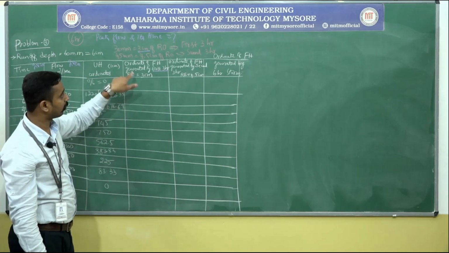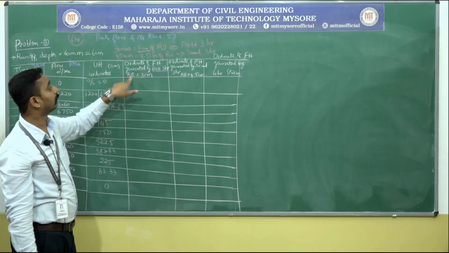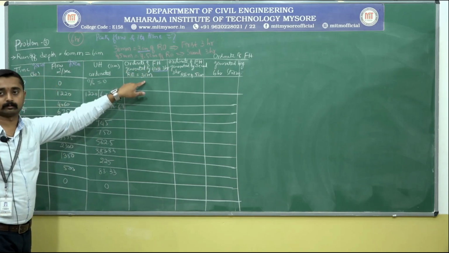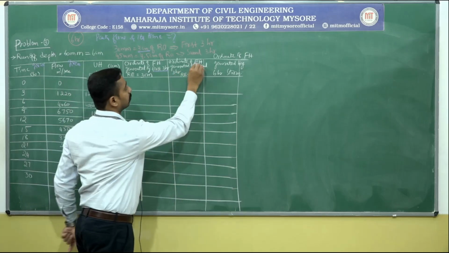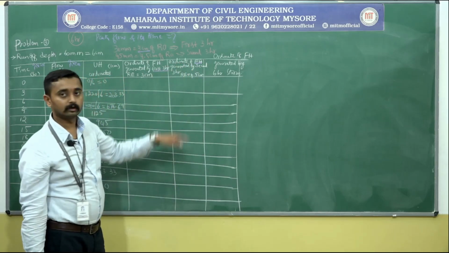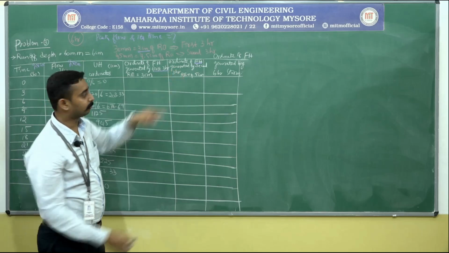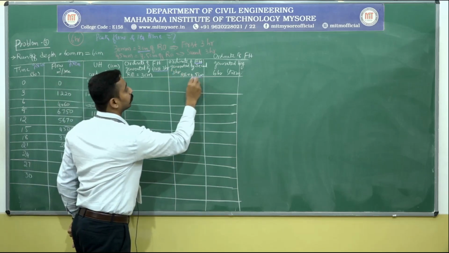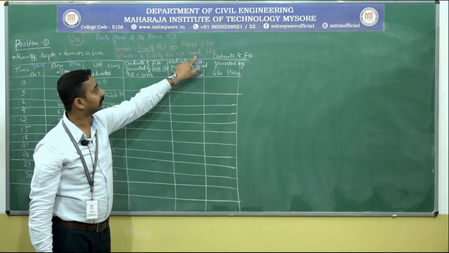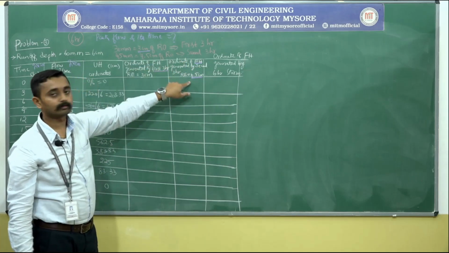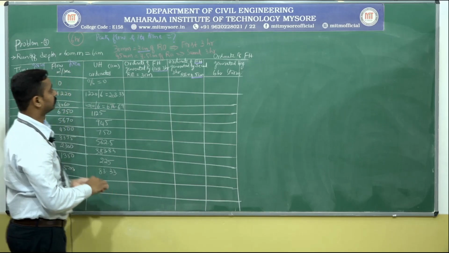This column is the ordinate of the flood hydrograph of rainfall excess 3 centimeter. Similarly, this is the flood hydrograph ordinates generated by 4.5 centimeter, and next 3 hour runoff depth is 4.5 centimeter. Now just convert.